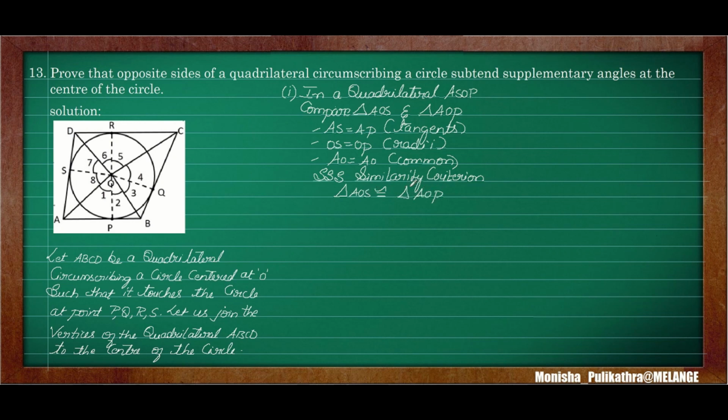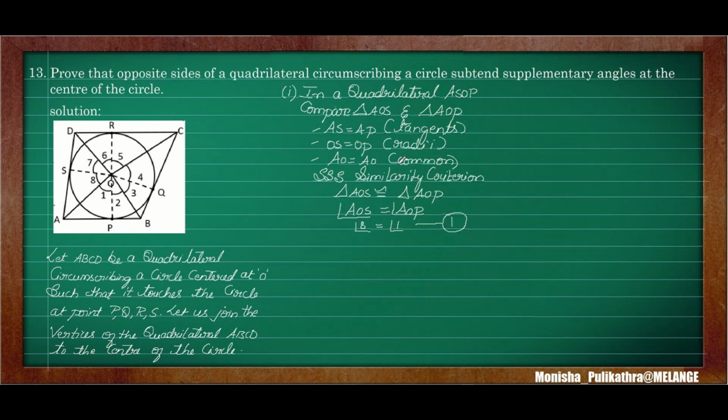When triangle AOS is congruent to triangle AOP, the angles are also equal to each other. That is, angle AOS is equal to angle AOP. Okay, I have already named them: angle AOS is 8 and angle AOP is 1. So I can write angle 8 is equal to angle 1. Let this be equation number 1.